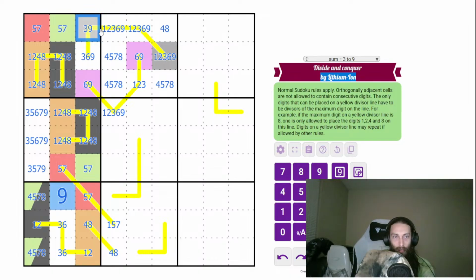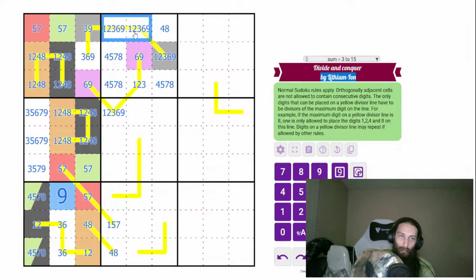Otherwise, if this is a 6, that has to be a 3. Then we have 1, 2, 3. Oh, this wouldn't have, because I have 1, 2, 6, which I'd have to put a 6 as one of those two. But this could be 1, 2, or 3. And then this would be 1 or 3.